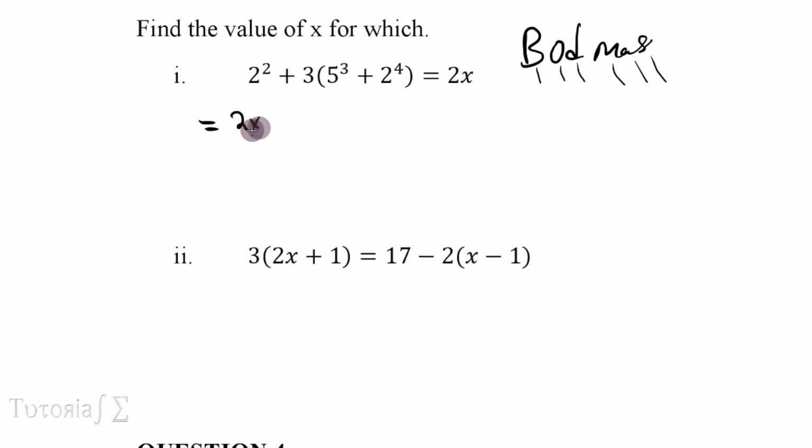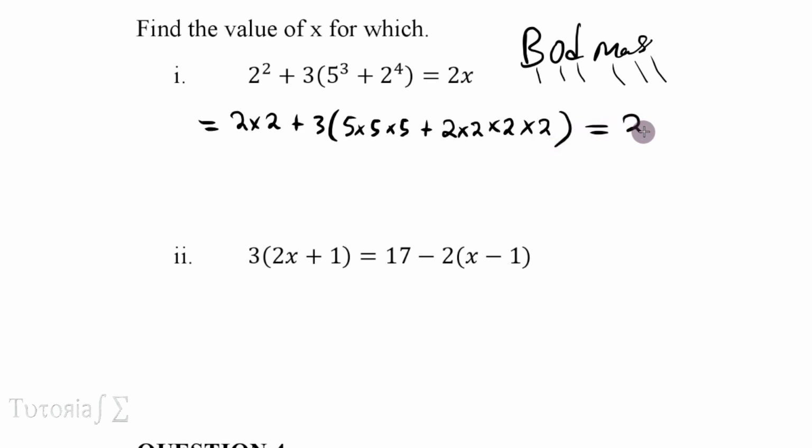This is 2 times 2 plus 3, 5 to the power 3, that is 5 times 5 times 5, plus 2 to the power 4, that is 2 times 2 times 2 times 2, they have to be 4 2's, is equal to 2x.